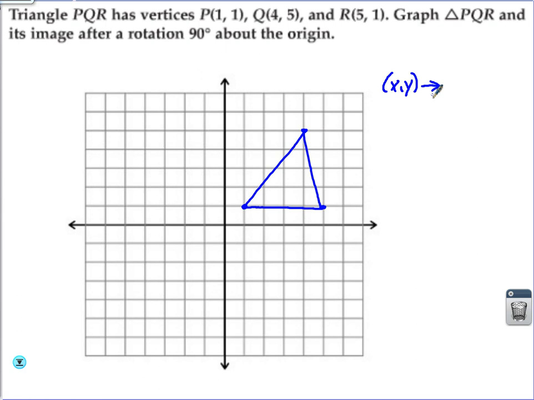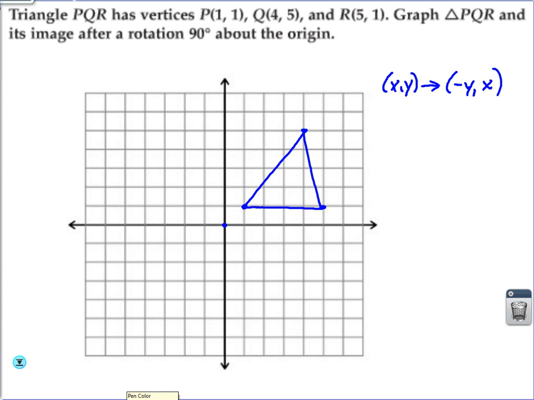A 90-degree rotation about the origin. I forgot to point that out a while ago. The center of rotation for the ones that you just wrote down is all about the origin. So what's the rule? (x, y) turns into (-y, x). Is that right?